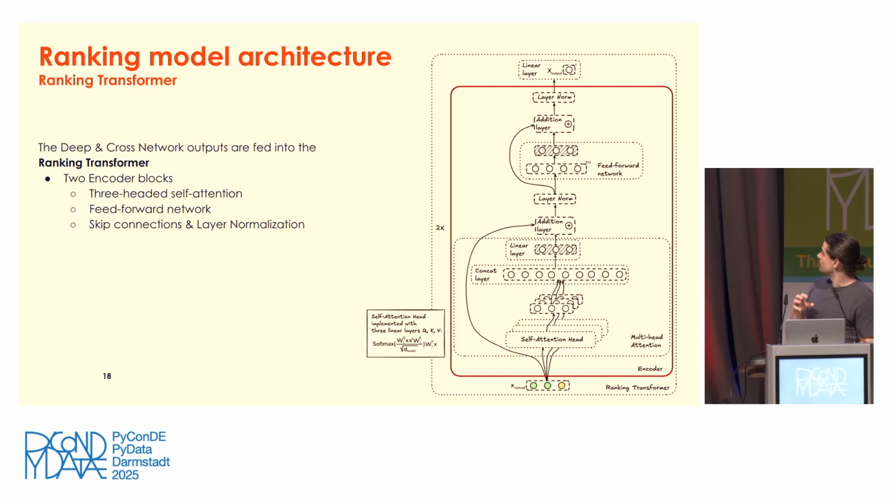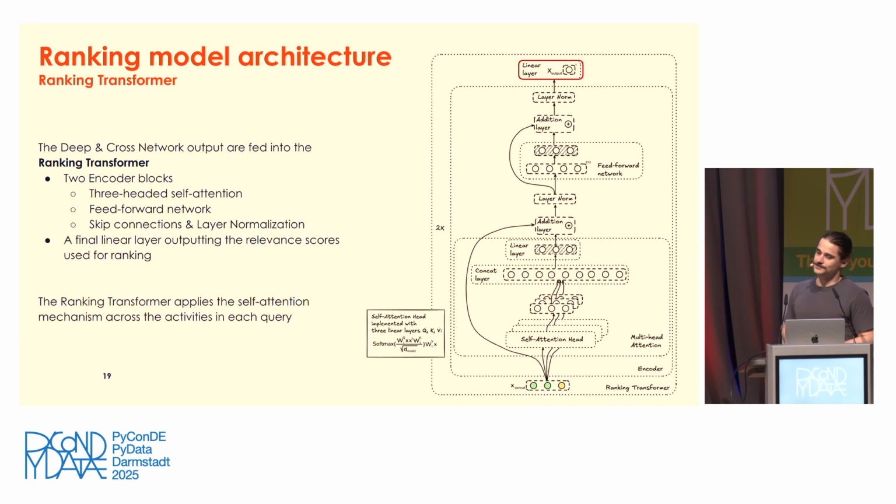Each encoder block has a 3-headed self-attention, followed by a feed-forward network with some skip connections and layer norms in between. After that, there's the final linear layer that gives us the relevance score.